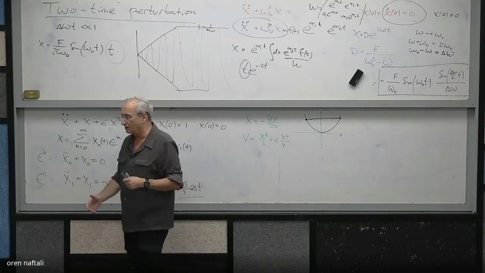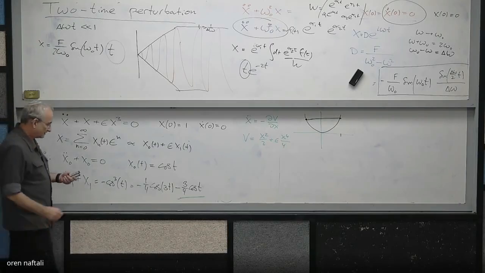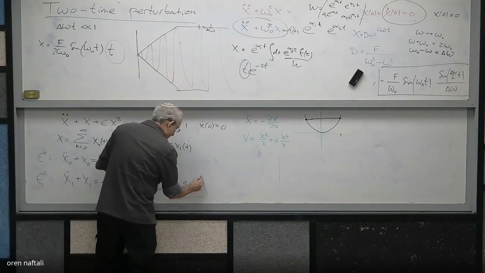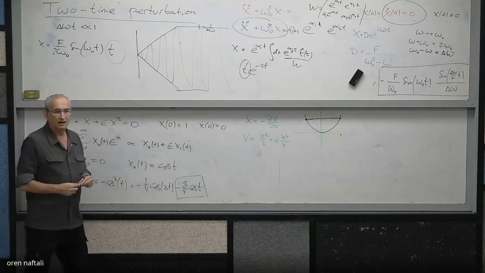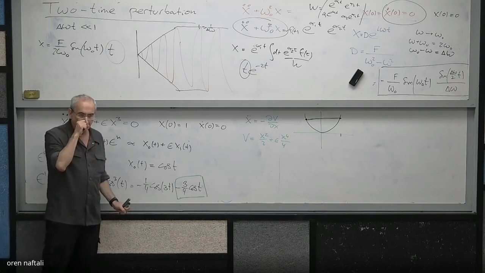So the whole trick that we have worked so much to assimilate during the semester fails on its face completely. Okay. And the reason is this ugly term that gets into resonance. Okay?